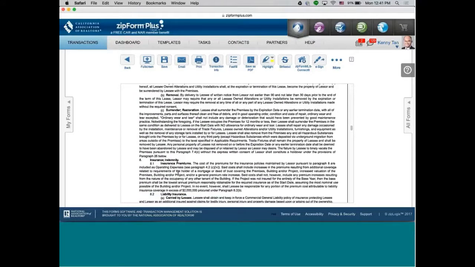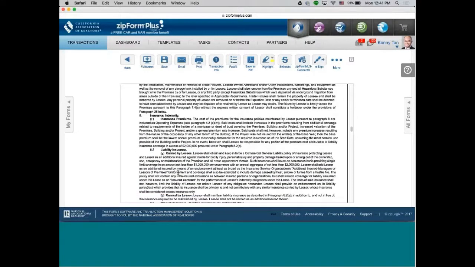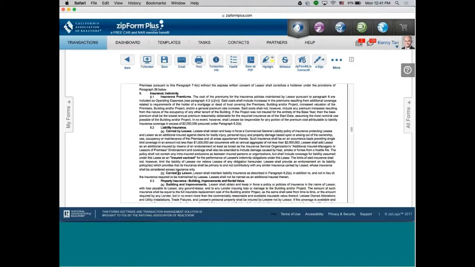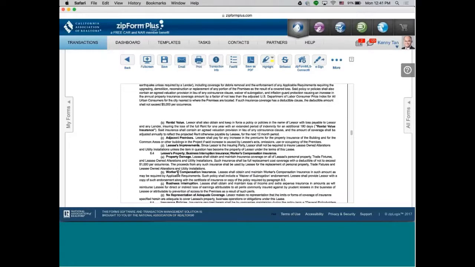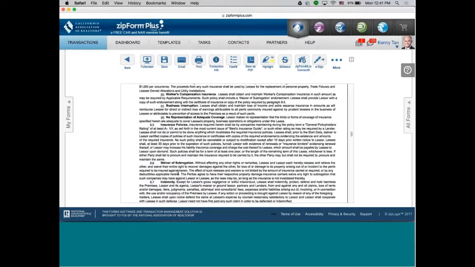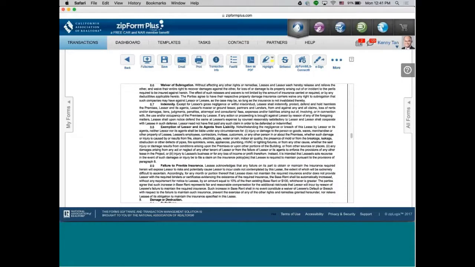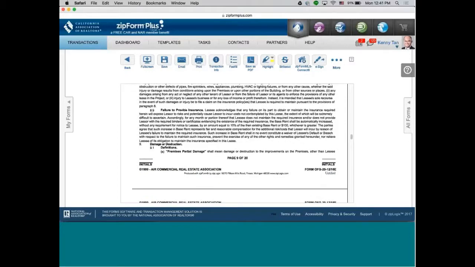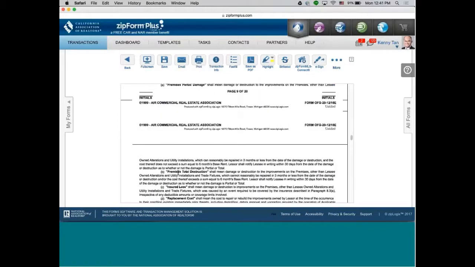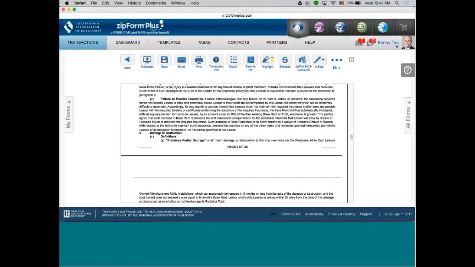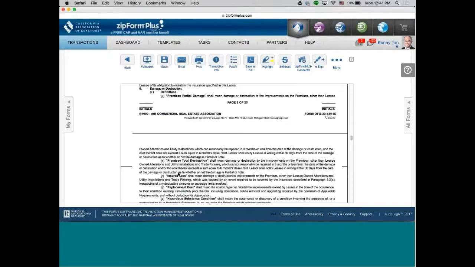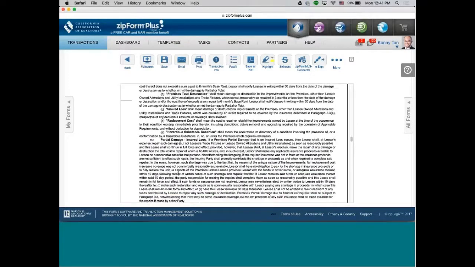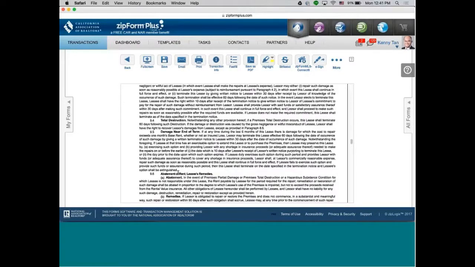Insurance and indemnity, it's all previously covered. Anything to do with insurance is all previously covered. So we'll skip it. And then what I call the damage or destruction, previously covered, so we'll skip it. This provision is actually identical for pretty much all of the AIR standard leases. So we can cover that.